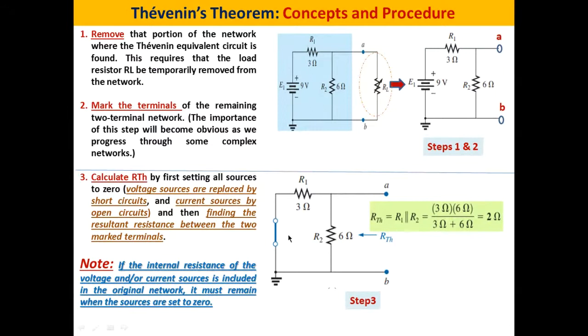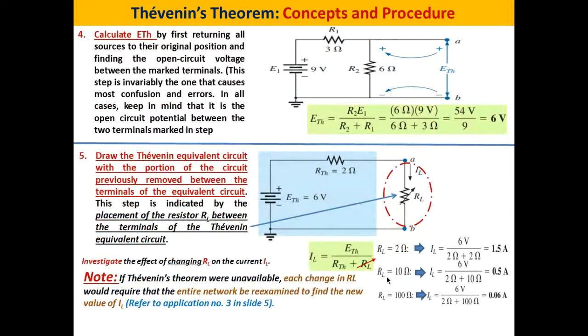Here we have only one source, we replace it by a short circuit. Then we calculate the R Thevenin seen from AB using the technique that you have learned in previous classes. Then we return all the sources and we calculate the E Thevenin, which is the voltage across AB, with RL removed also, of course.